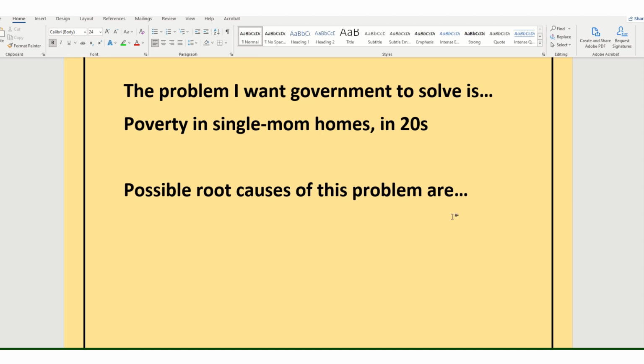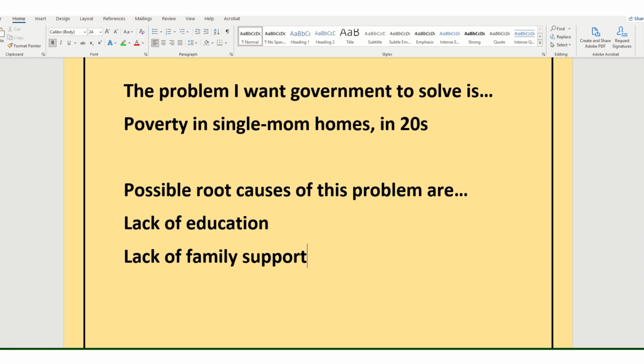So let's just throw out some possibilities here. So maybe lack of education. She can't get a well-paying job because she doesn't have a good enough education. She's not competitive. Perhaps there's a lack of family support. Maybe that's the root cause of the problem. Maybe it's a transportation issue.